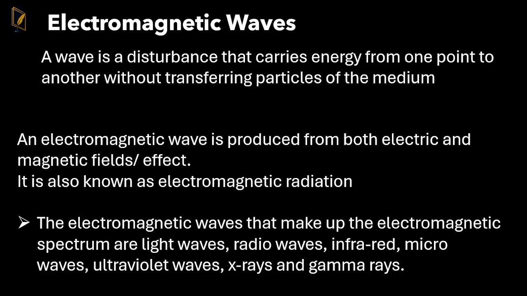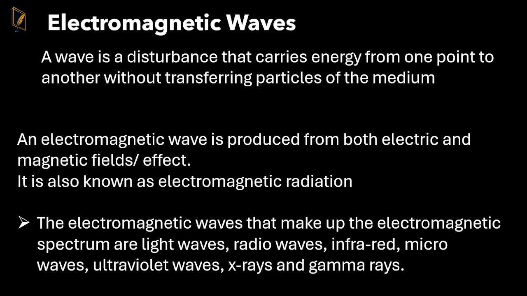An electromagnetic wave is produced from both electric and magnetic fields or effect. Looking at the term electromagnetic wave, you might observe that the term electromagnetic comes from two words, electricity and magnet. It's just a combination of these two words forming electromagnetic waves.